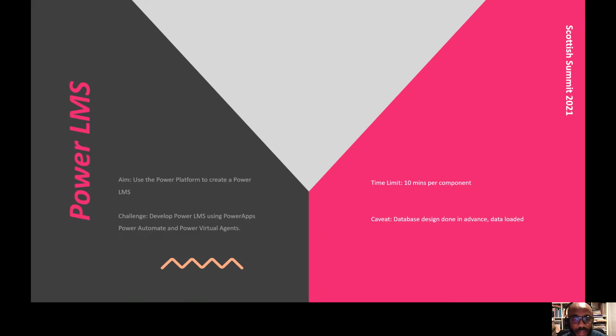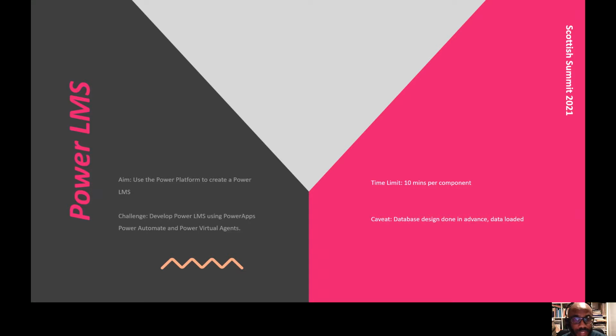So that's the whole purpose of today's session, to create Power LMS using the Power Platform, Power Apps, Power Automate, and Power Virtual Agents, 10 minutes per component to develop functionality. I've created the database design in advance. I've added data.